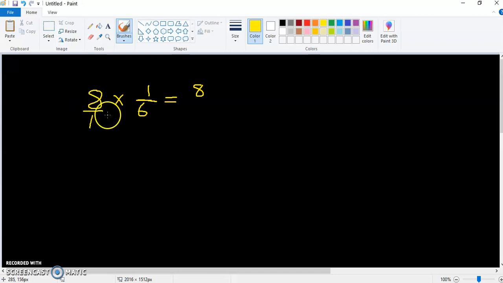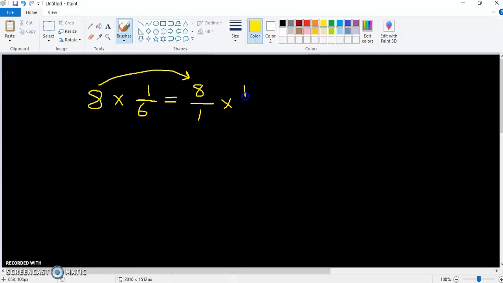It remains 8, right? So you can take 8 divided by 1 and you get 8. 10 divided by 1 is 10, and 99 divided by 1 is 99. So what you can do is you can rewrite any whole number as a fraction. Just put a 1 in the denominator. So there's really no difference. The number 8 is still the same thing as 8 over 1, or 8 divided by 1.